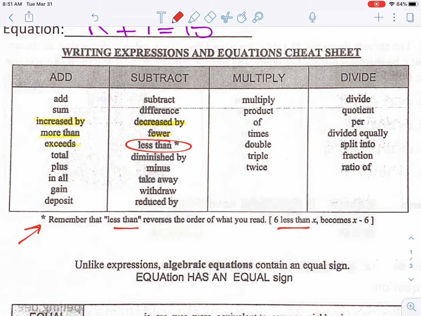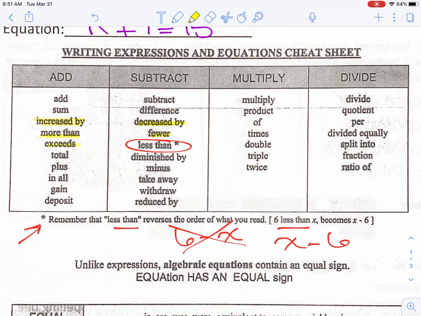Okay, so if it says 6 less than x, it's 6 is less than x. So whatever x is, you're going to start with x and we're going to subtract 6. So instead of saying 6 minus x, that less than reverses the order. So it becomes x minus 6.